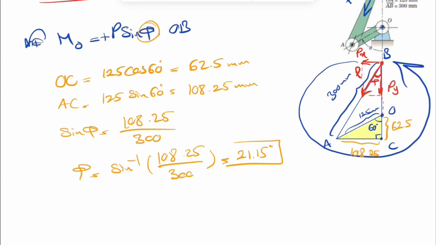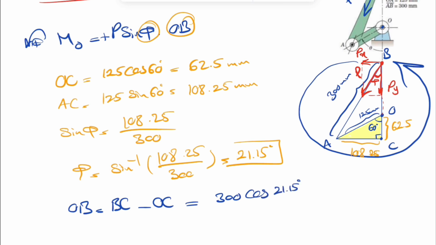Now that we have our phi in here, we should be able to find OB pretty easily. OB would be BC minus OC. We already figured out that OC is 62.5. And to find BC, we have 300 cosine of phi, which was 21.15.